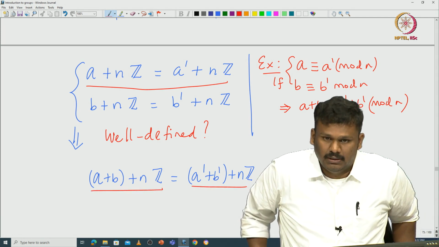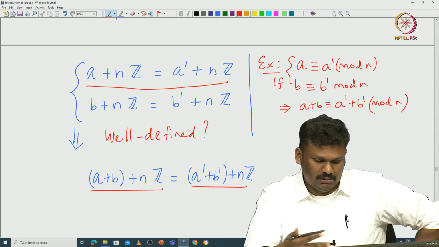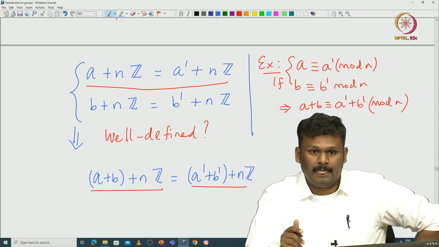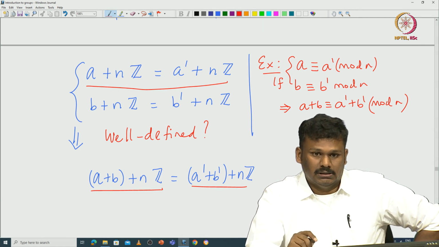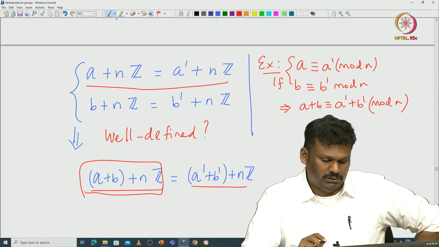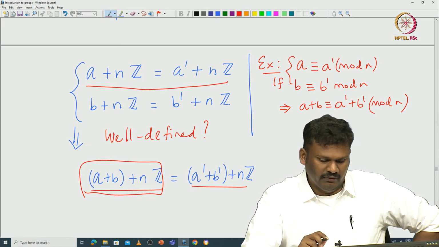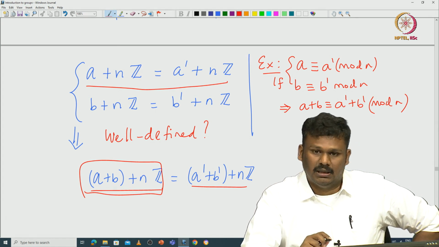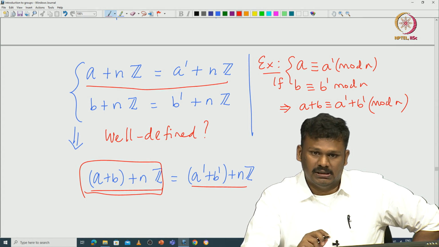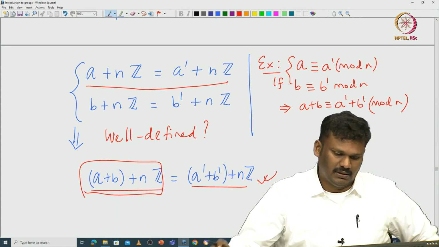So, indeed if you define it in this way, then the well definedness is clear, because this set corresponds to the set of the remainder of a + b when you divide by n. That will be the same as the remainder of a' + b' when you divide by n. Okay, that is what it verifies.